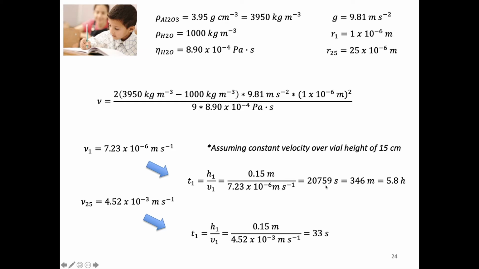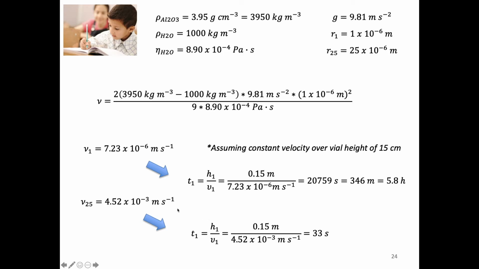Those aren't the greatest units to see what this is. So that's 346 minutes, or basically 5.8 hours. So these very small particles take a long time to fall that 15 centimeters, is basically what this is saying.